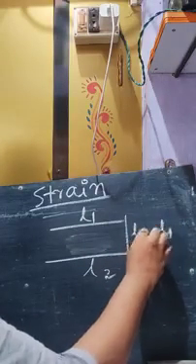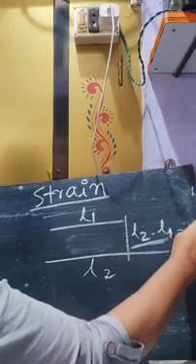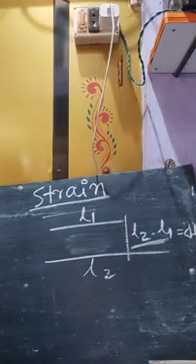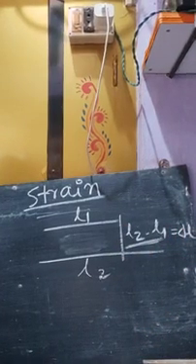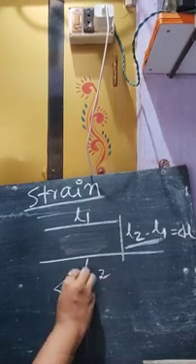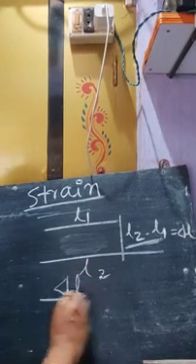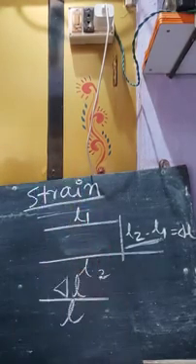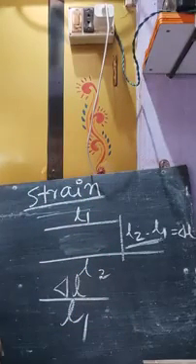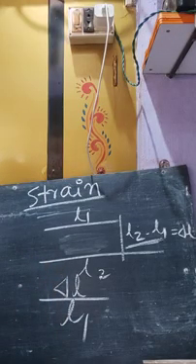So this L2 minus L1 is defined as del L, right? So for strain, you can write the change in size with respect to the original size, that is L1. This is basically defined as strain.